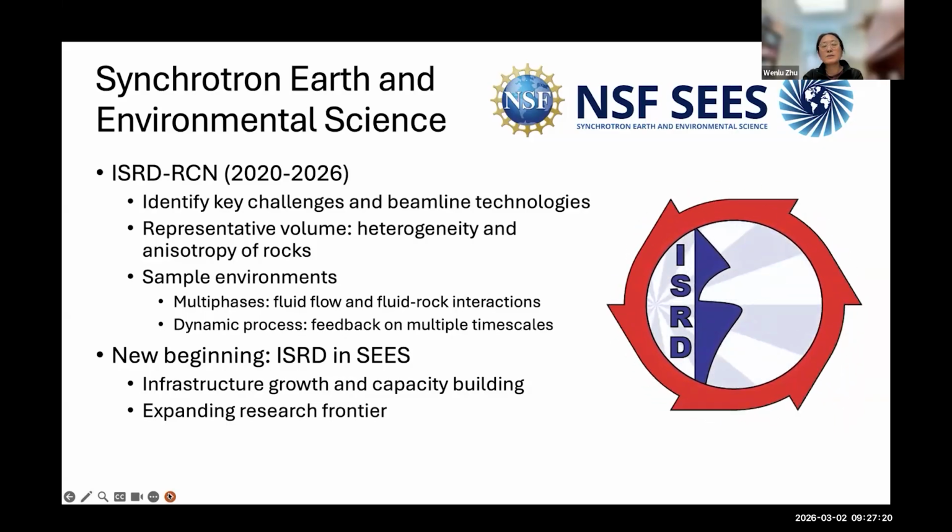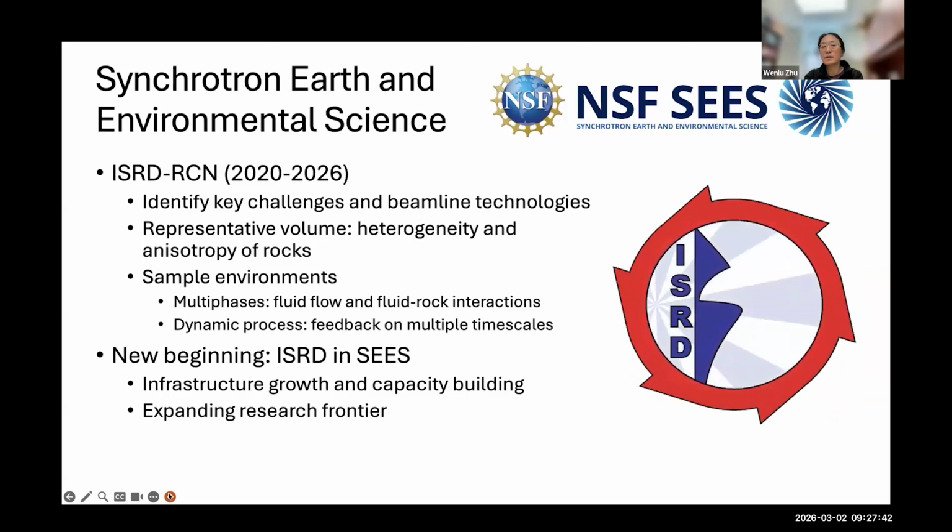So this is actually the last 4 months of ISRD before it expires in June 2026. I think it has fulfilled what was proposed, the tasks, and we identified the key challenges and the beamline technologies.